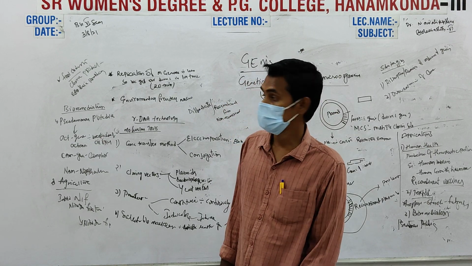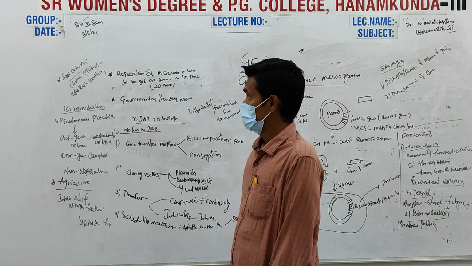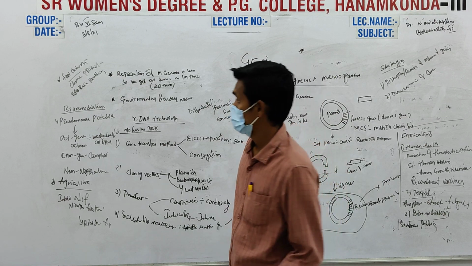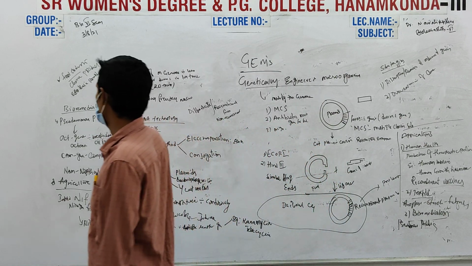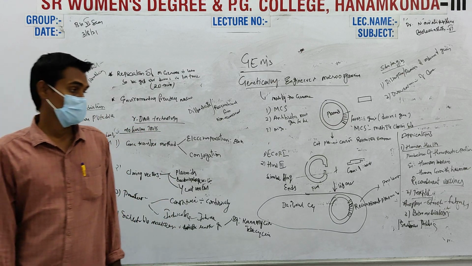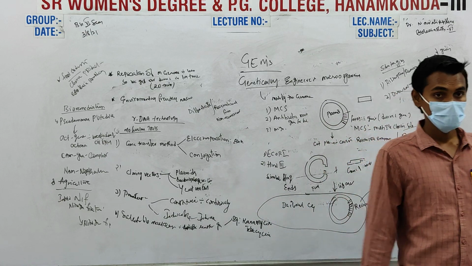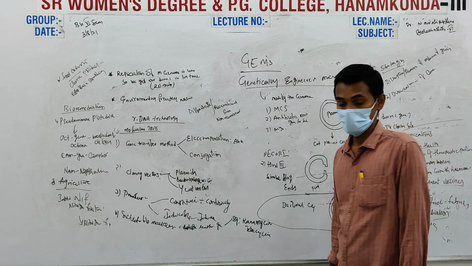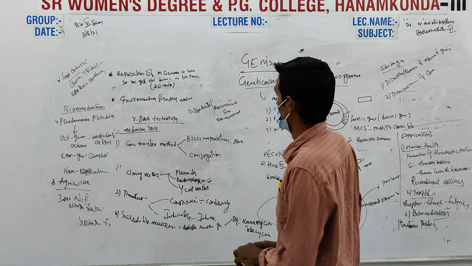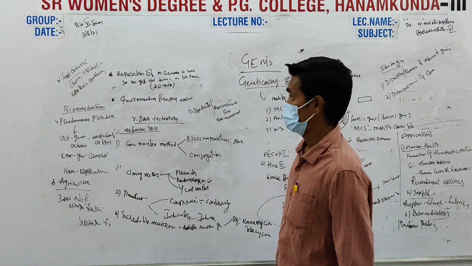In the food industry, Endothia parasitica is a microbial organism used for cheese production. So this is all about genetically engineered microbial organisms. With this we have completed GEMs.